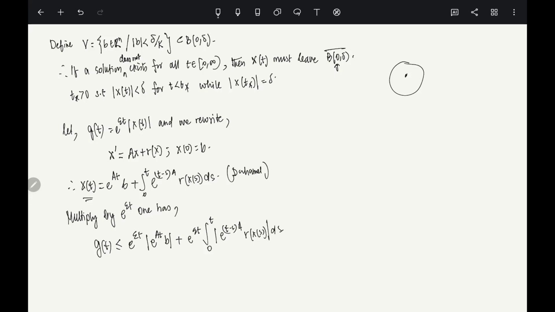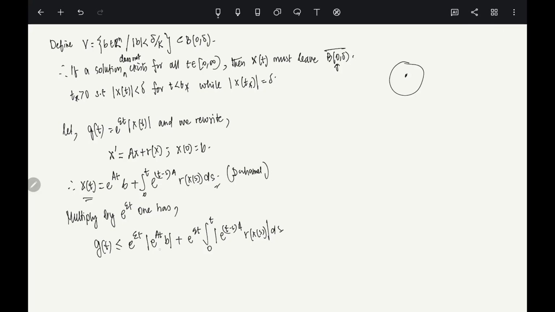That's what we are going to get, right? Okay, what I'm doing is just multiplying this expression by e^(εt) and taking the modulus, or the norm, that is.